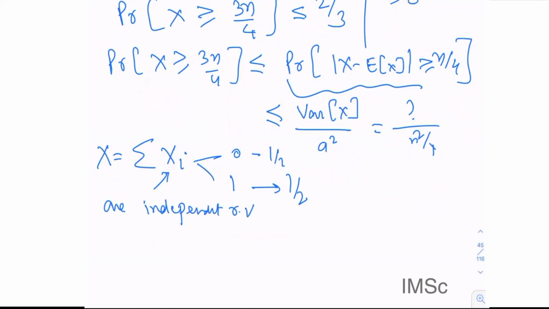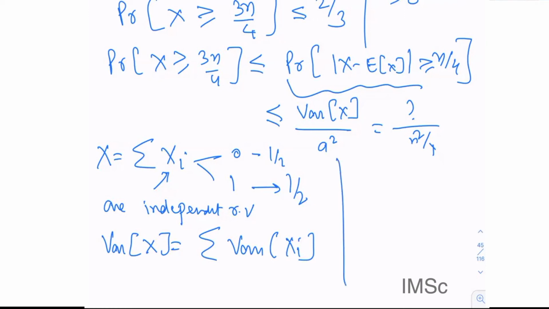So the variance of x is the summation of the variances of xi. Here we used the fact that our random variables are independent. Now let's compute the variance of each xi. It is the expectation of xi squared minus the square of the expectation of xi.